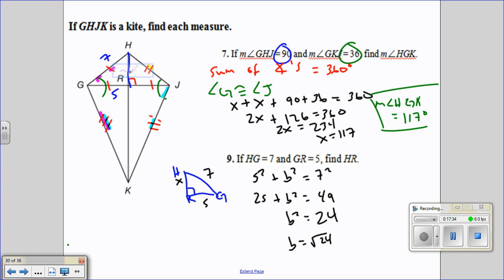When you simplify it, you know that 4 times 6 composes 24, so it would be 2 square root of 6 as a final answer for HR. That's the exact answer, but you could always put that in your calculator and get a decimal approximation. However, this concludes your notes for the day.